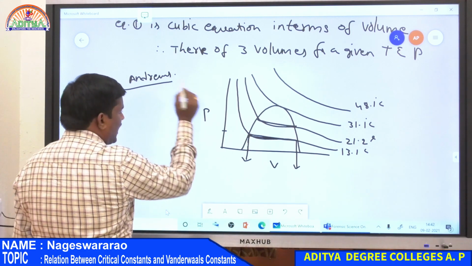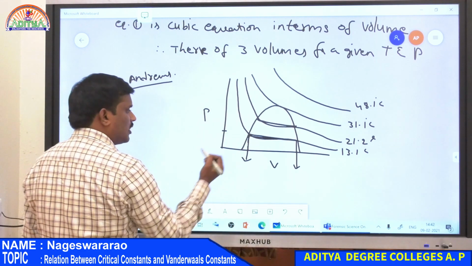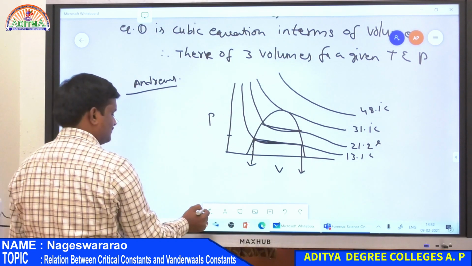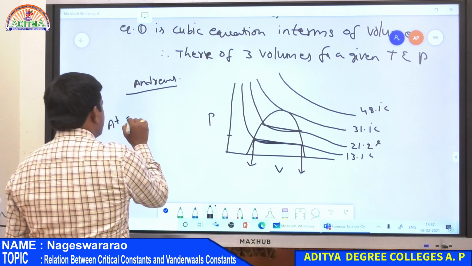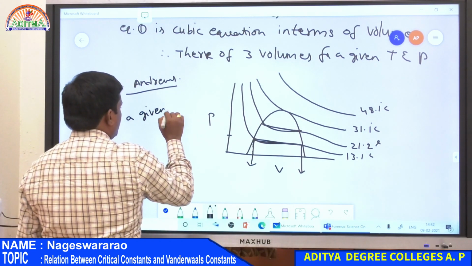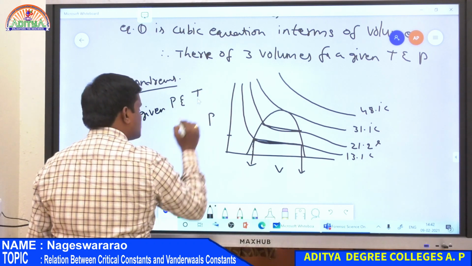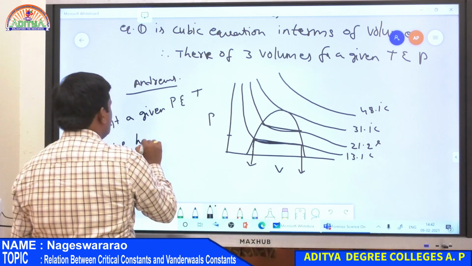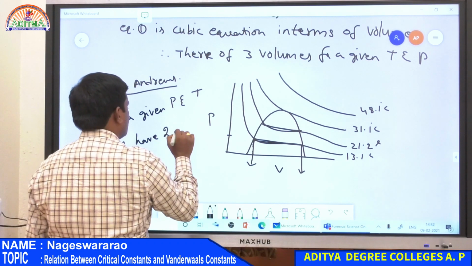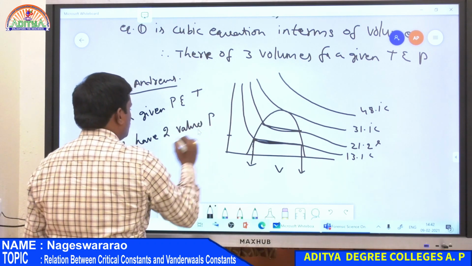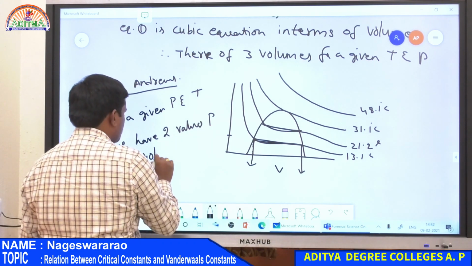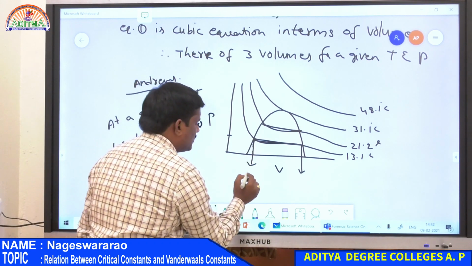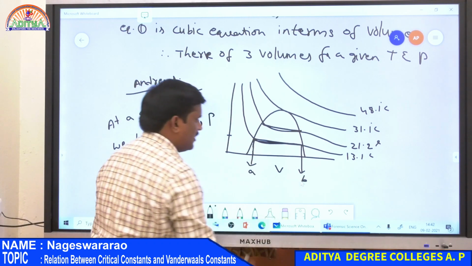Therefore according to Andrews isotherm, for a CO2 molecule at a given pressure and temperature we have only 2 values of volume. So this is one volume, if this is small a and this is small b.